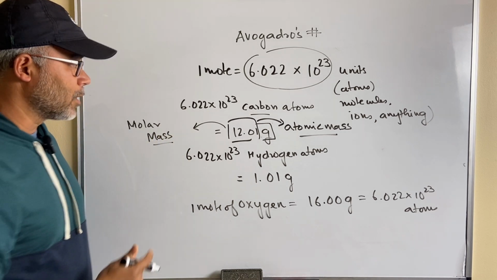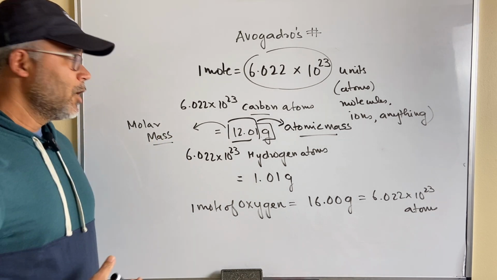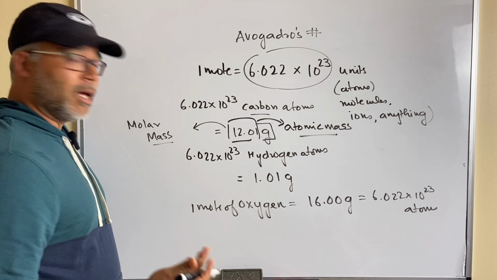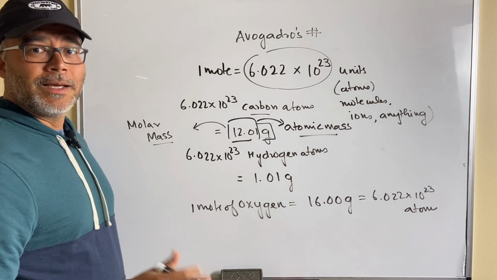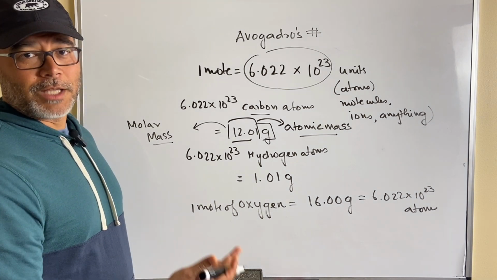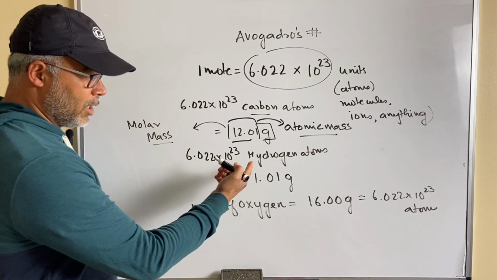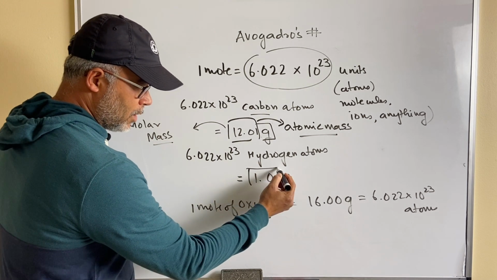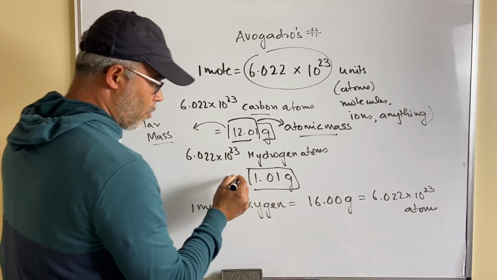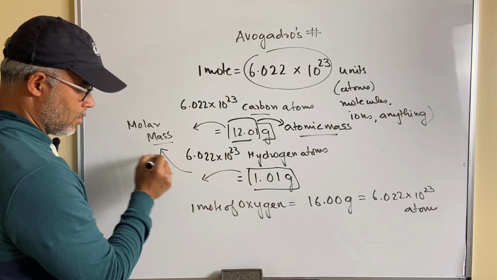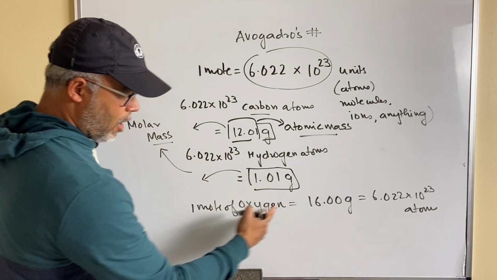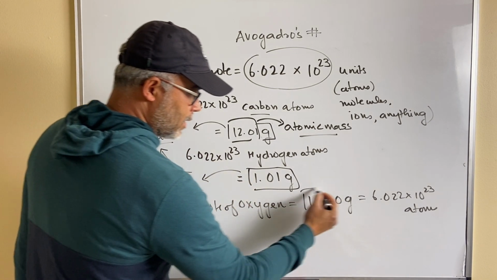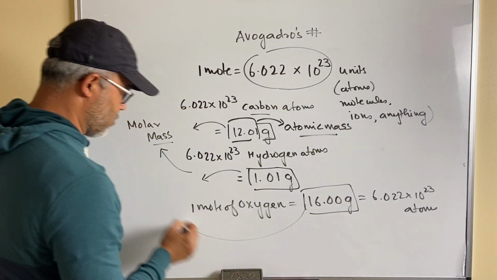So it's very simple. If you want to find the molar mass of any element in the periodic table, just look at the atomic mass and put grams after it. So the molar mass of hydrogen would be 1.001 grams. The molar mass of oxygen would be 16.000 grams.